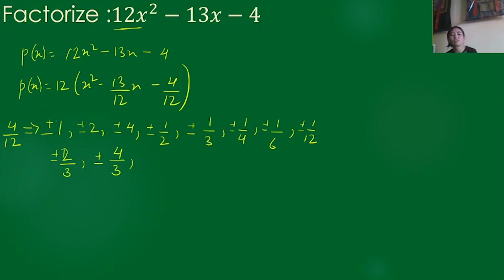So these are the factors of 4 by 12. Now we have to check for the value of x so that the given polynomial becomes 0.